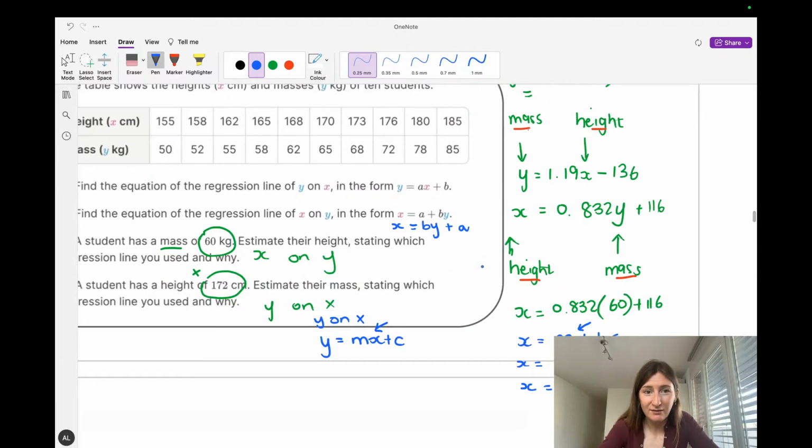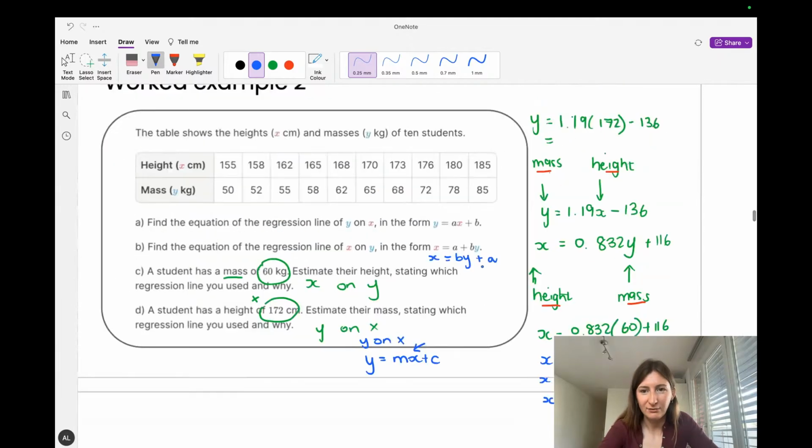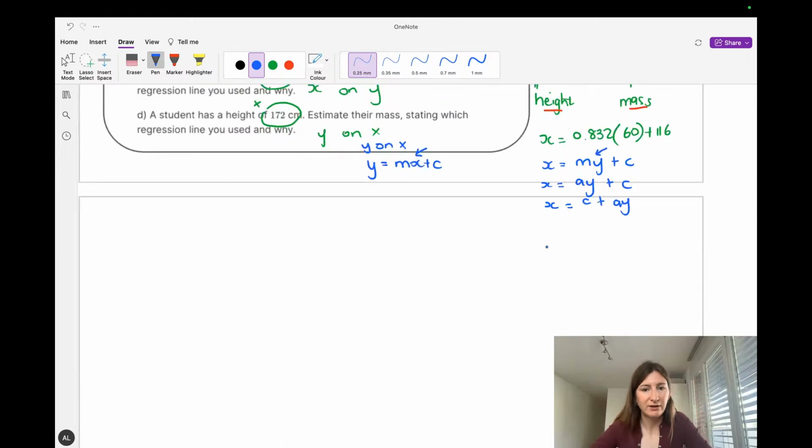Nice, good, I'm glad. There's a lot of x's and y's going on. It's quite confusing. So again, I recommend writing what variable. In this one, height was our input, y was our output. In the x on y, it's the other way around. Now y is our input and x is our output. So you can think about that in your function machine. What are you putting in? Something is happening, and what are you getting out?